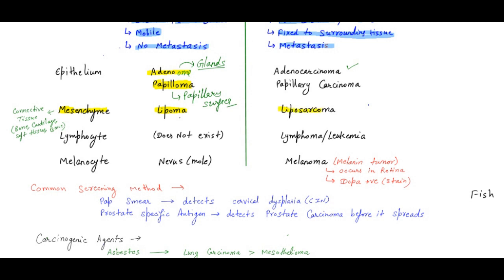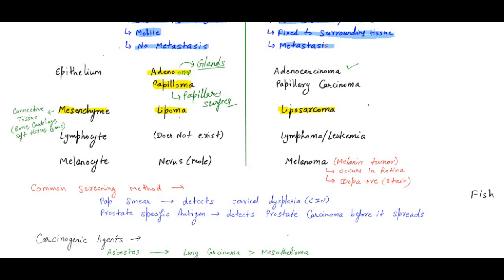And sarcoma, remember, has a fish meat appearance. So it can be fibrosarcoma, liposarcoma, or fibroma. When there is involvement of fibrous tissue, or of the lipocytes or lipids, it will lead to lipoma or liposarcoma.